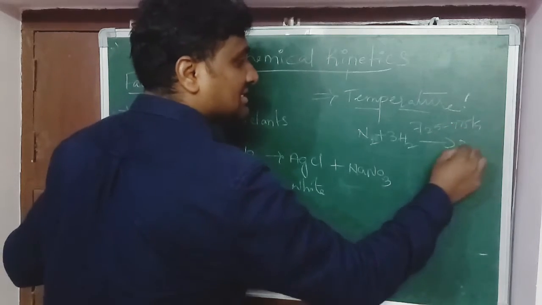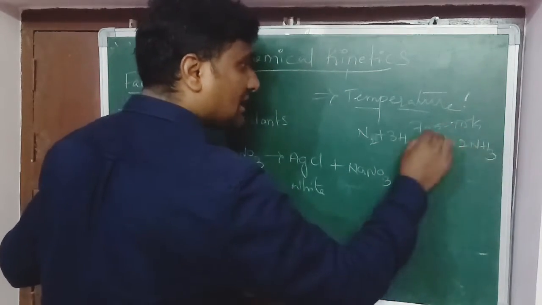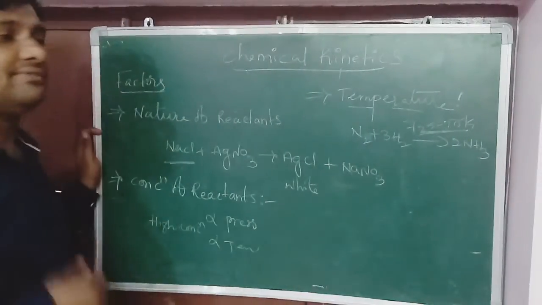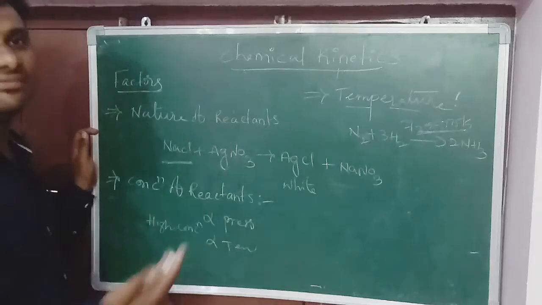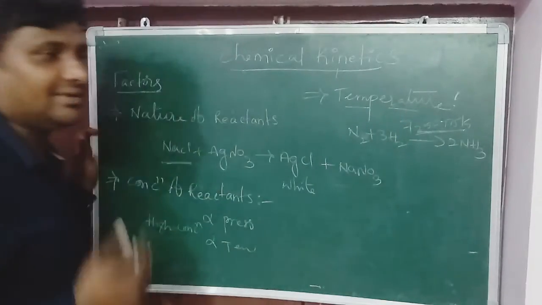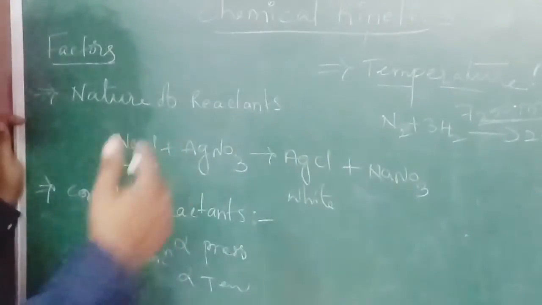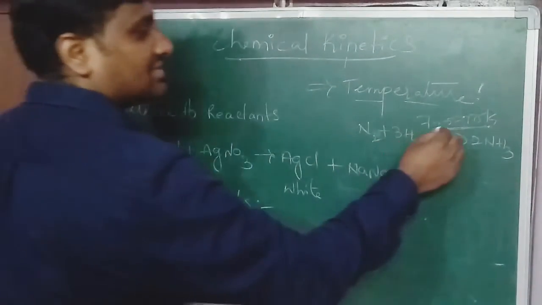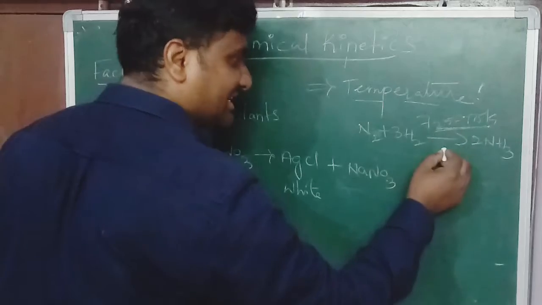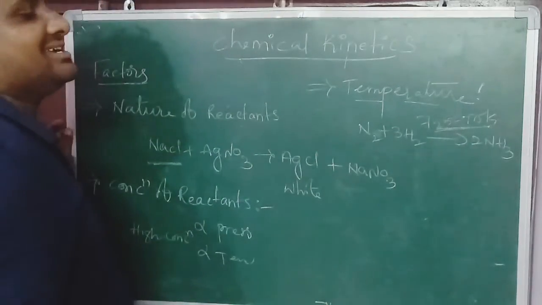High temperature is used because it is a slow reaction at first. When the temperature is increased, the rate of reaction increases.